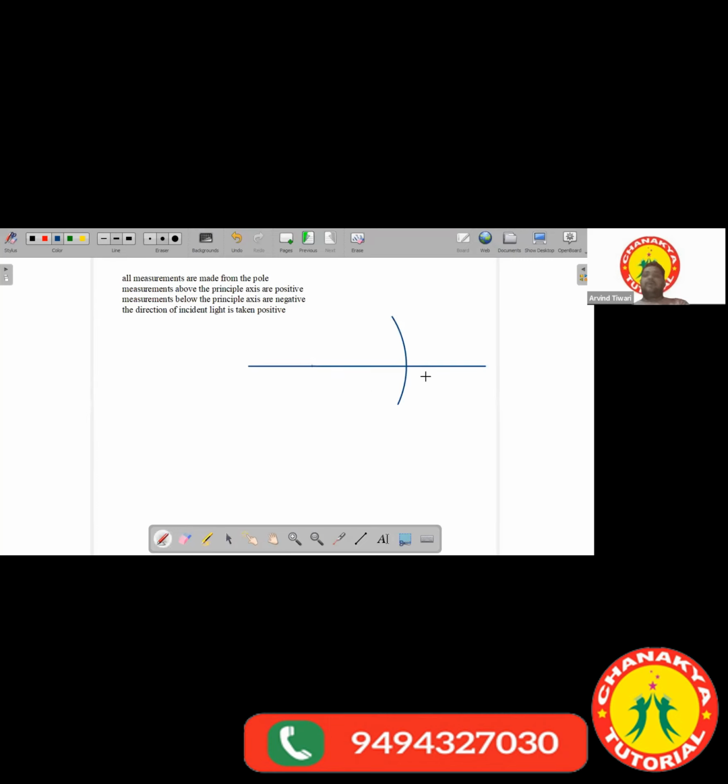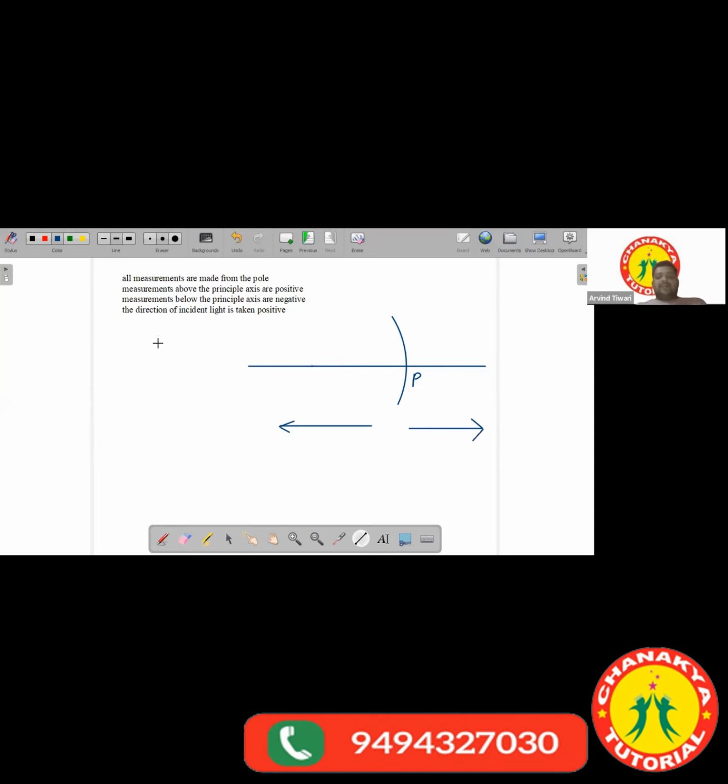So here you have the pole. First of all, the measurements will be made from the pole, along this direction and along this direction. So measurements will be starting from the pole.